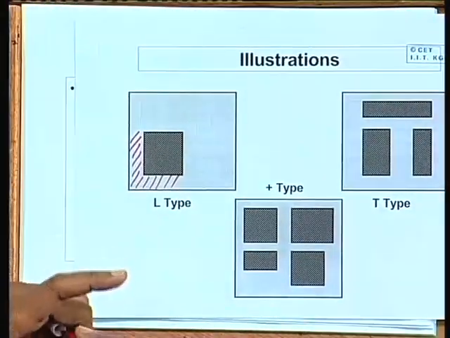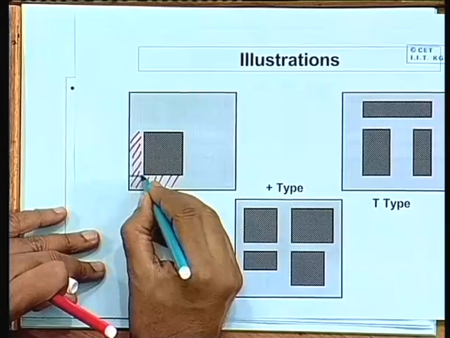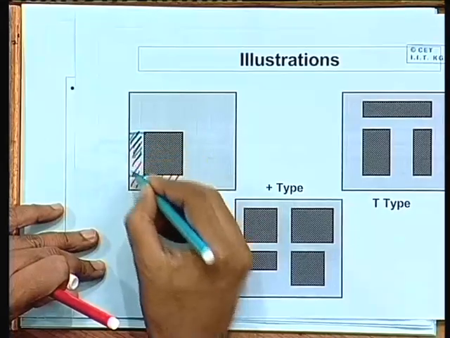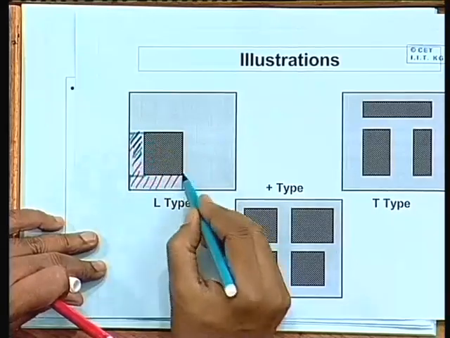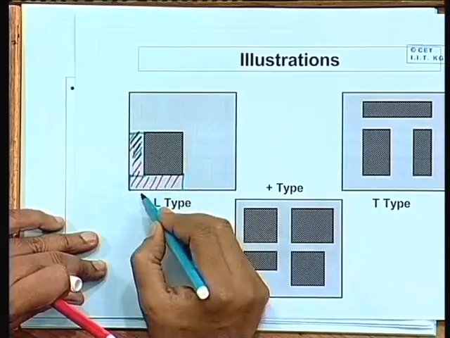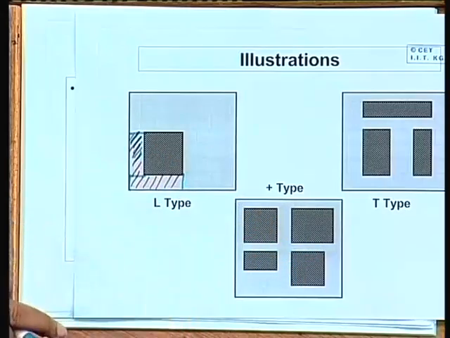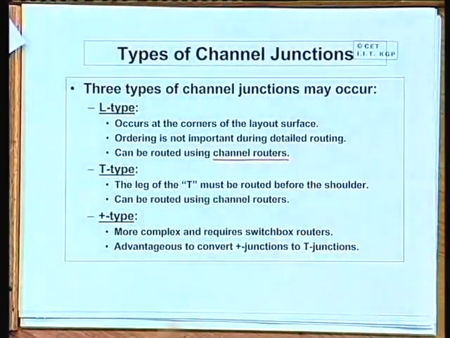Suppose you have an L type channel here, you can break it up into two channels like this. You can have one channel like this, you can have another channel like this. So, you can treat each of them as individual channels and you can route them using channel routers individually. So, L type channels do not create much of a problem in terms of ordering.